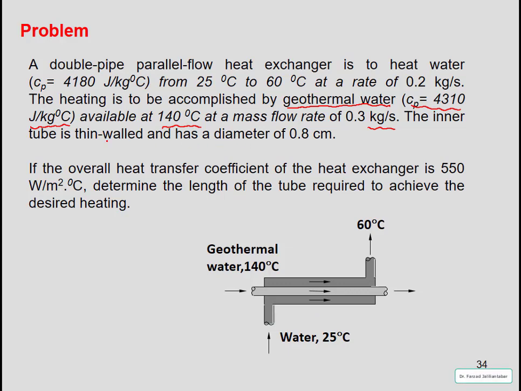The inner tube is thin walled and has a diameter of 0.8 centimeters. So the diameter of this tube is 0.8 centimeter, and also it is thin walled. In other words, we don't have any conductive thermal resistance for the wall of the tube, and we can ignore the thermal resistance for that.